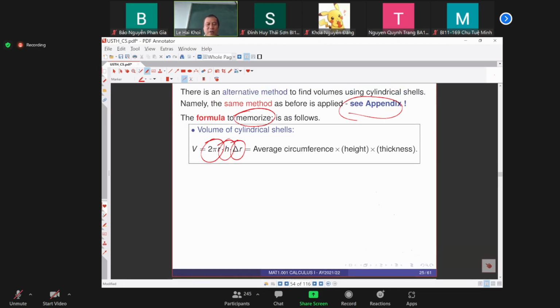That's what you have to remember here. You don't have to remember how to derive it. Just read the appendix, the same idea as for the area up to now. Everything for the volume, the idea is the same as we did for the area.